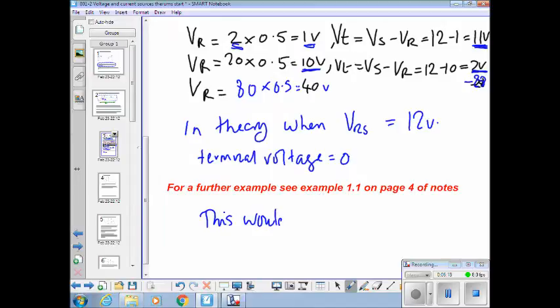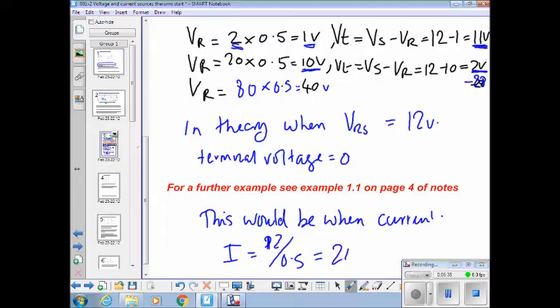This would be when current I is equal to 12 over 0.5, which equals 24 amps. So the absolute maximum current that we could draw from this supply would be 24 amps.